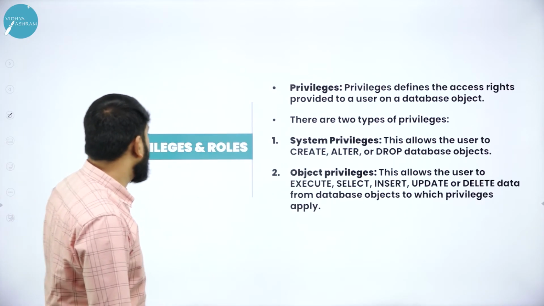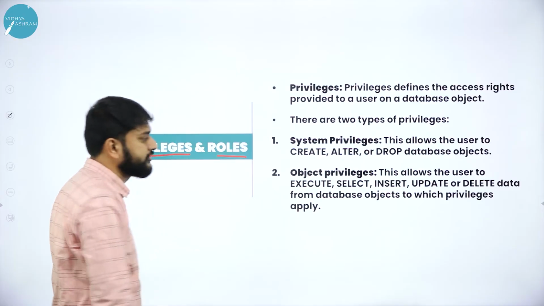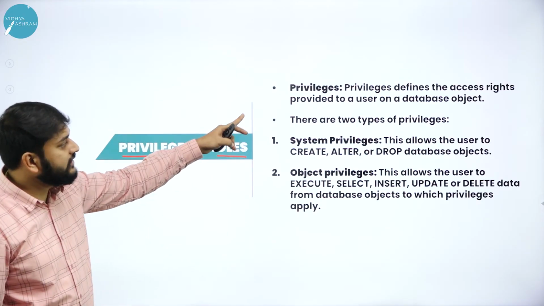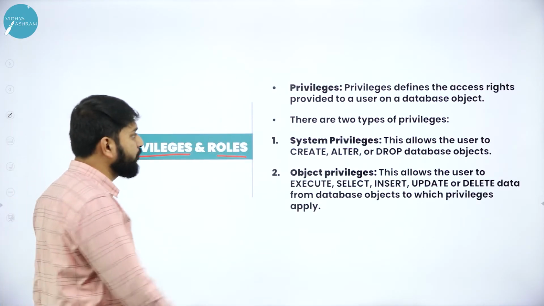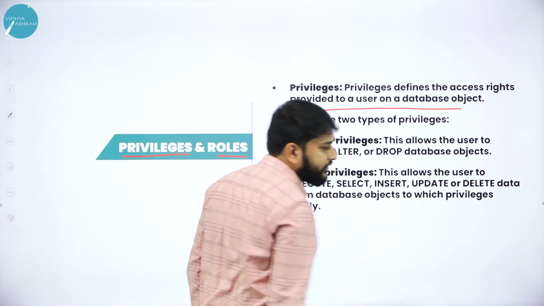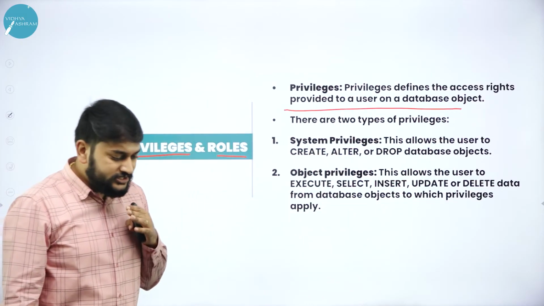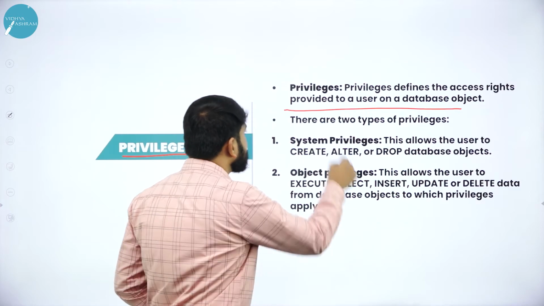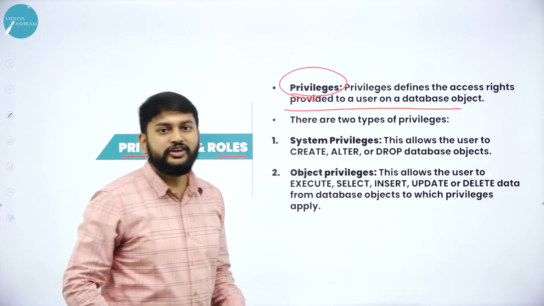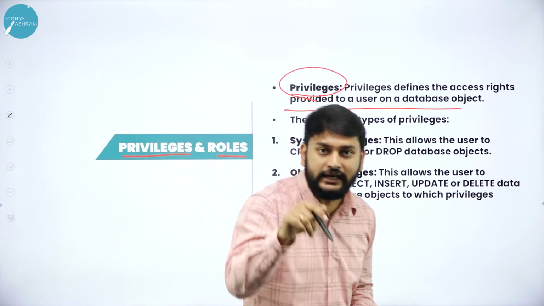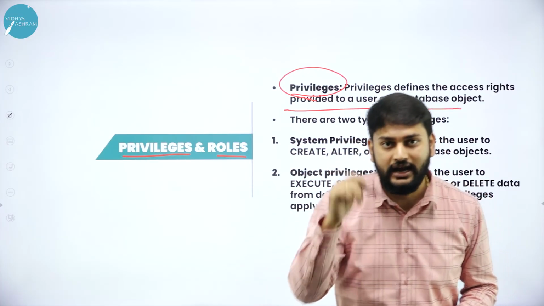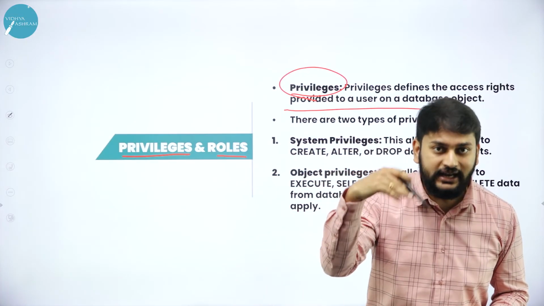The same way I have privileges and roles. Guys, privileges define the access right provided to the user on the database object. Privileges, in the sense, please understand, define whether you can read, or whether you can read and write, or whether you can read, write and execute.